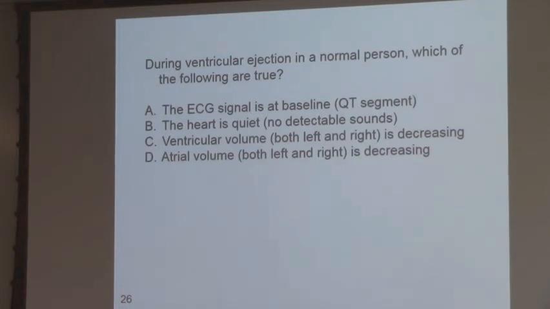During ventricular ejection in a normal person, which of the following are true?